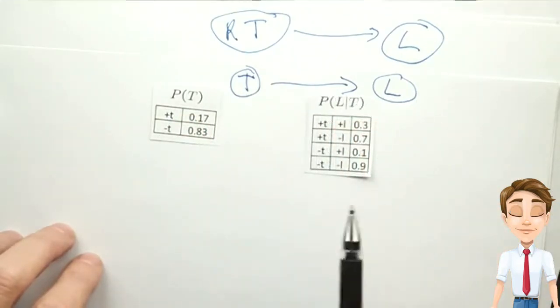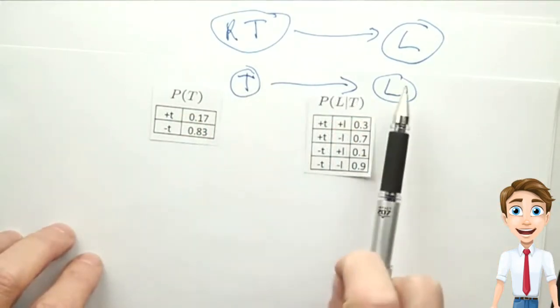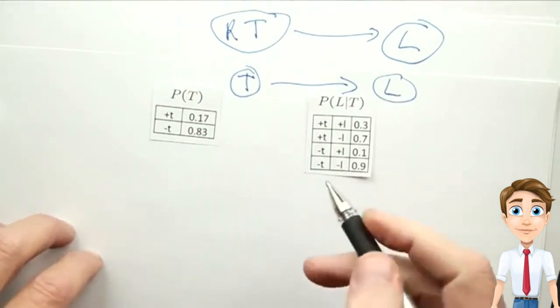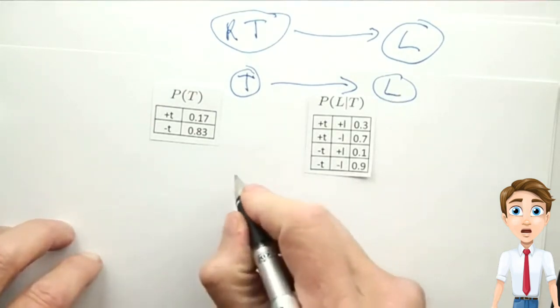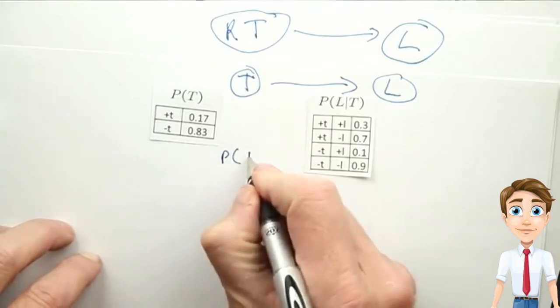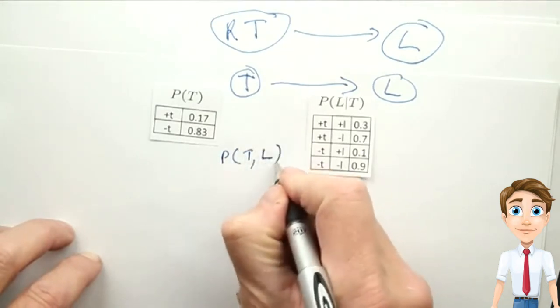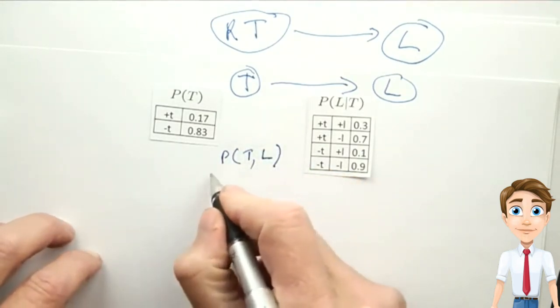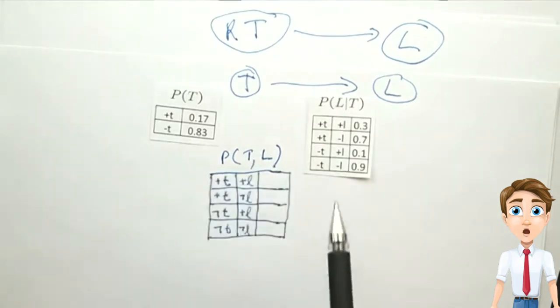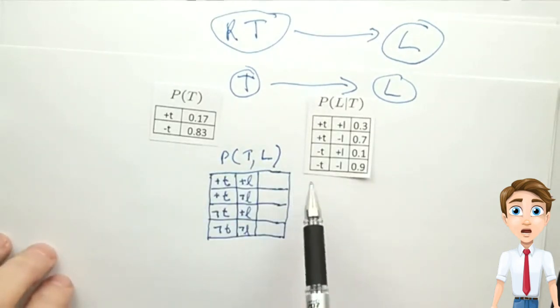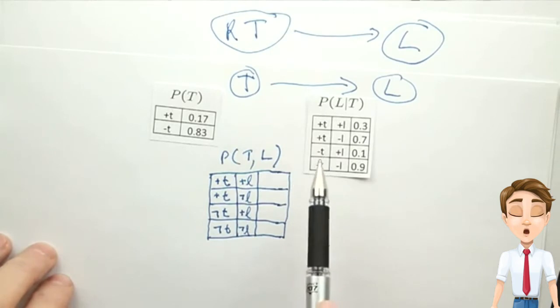And now we want to do a join over T and L and give us a new table with the joint probability of P of T and L. And that table is going to look like this. The answer again for joining variables is determined by pointwise multiplication.